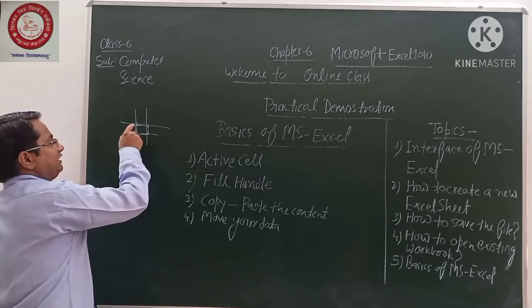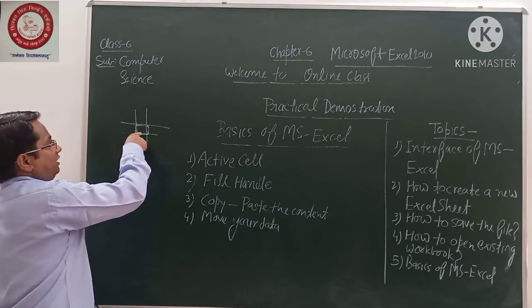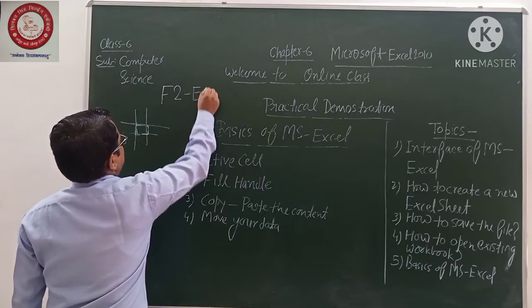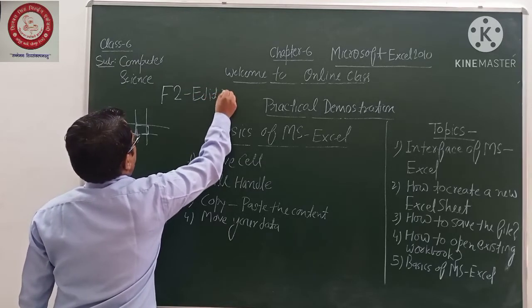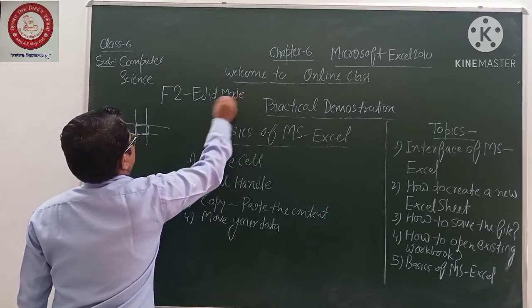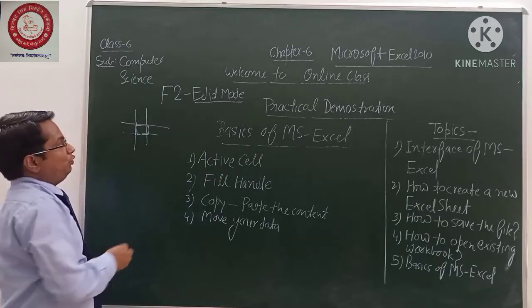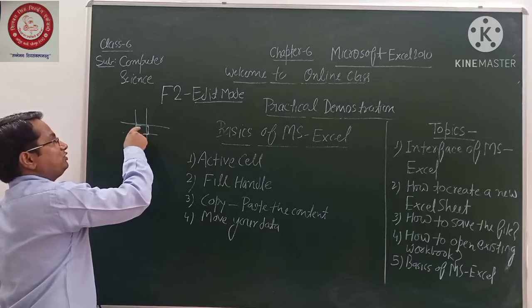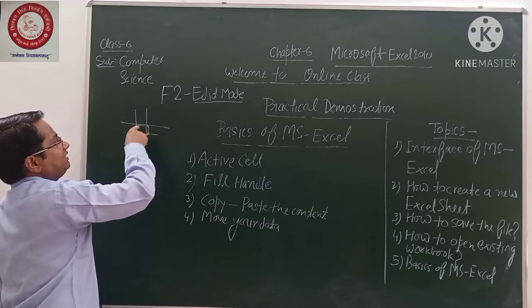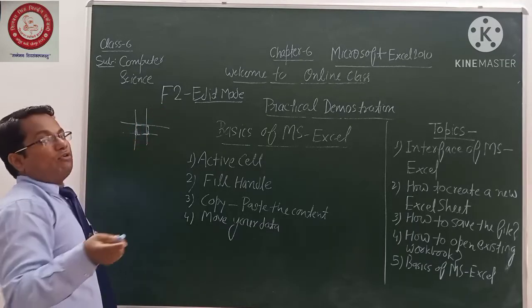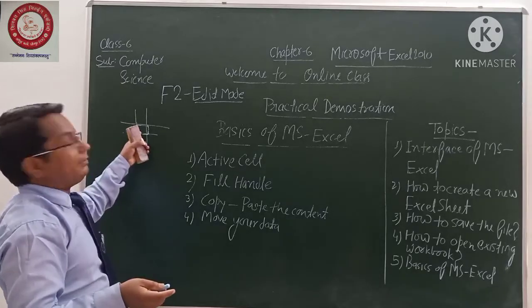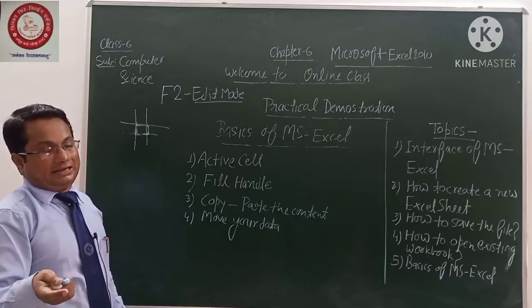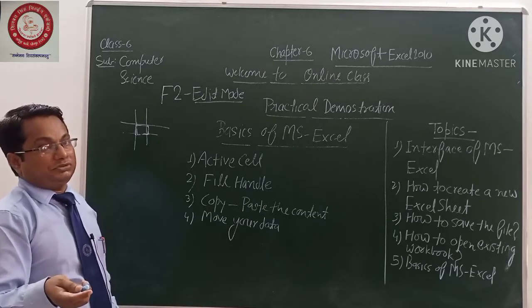If you click one more time, or press the F2 button, you go into edit mode. Once you select it, the cursor is not there, but once you press F2, the cursor appears immediately. Or you can double click on it, so that the cursor comes there and you can start typing your content.